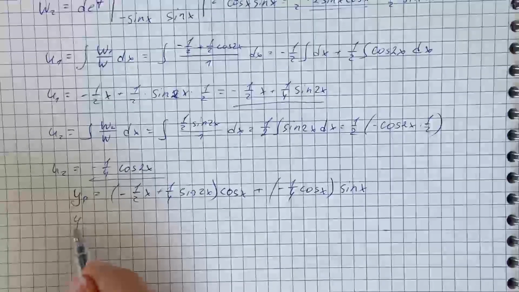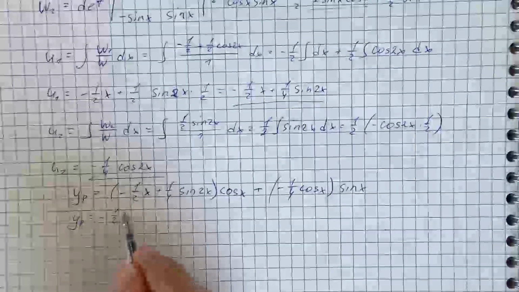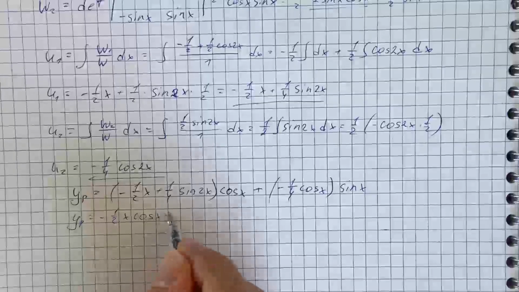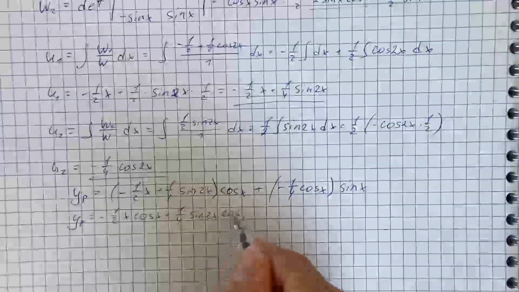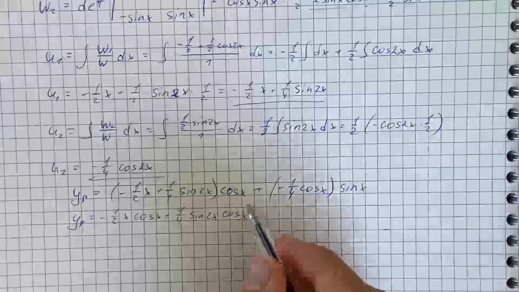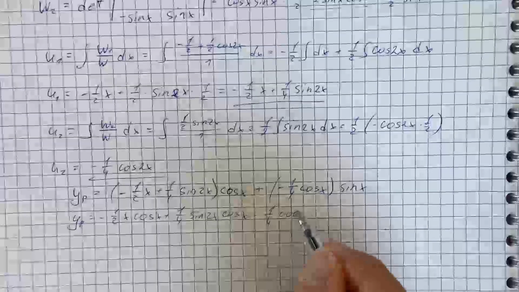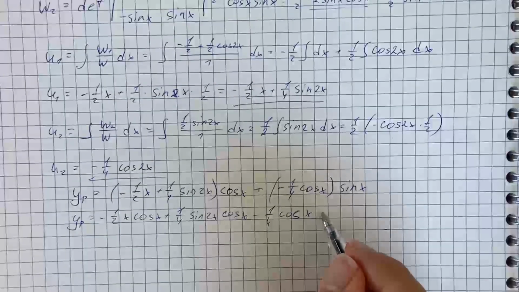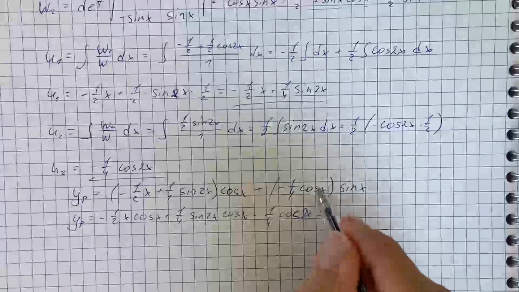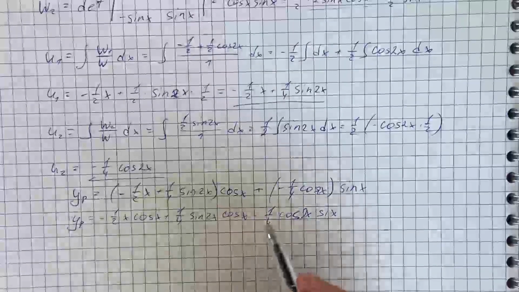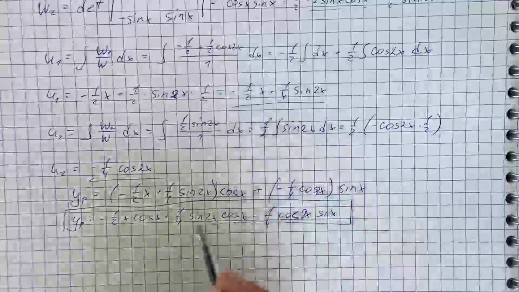And now we're going to expand the brackets and we get negative 1/2 x cosine of x plus 1/4 sine of 2x cosine of x minus 1/4 cosine of 2x sine of x. And that's going to be the particular solution.